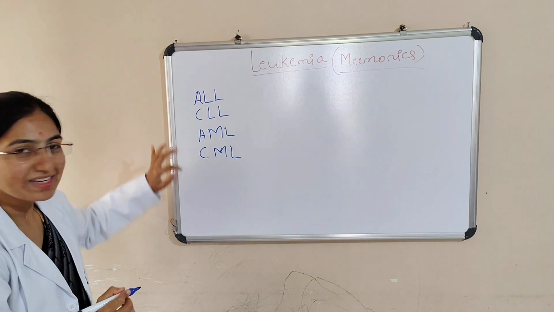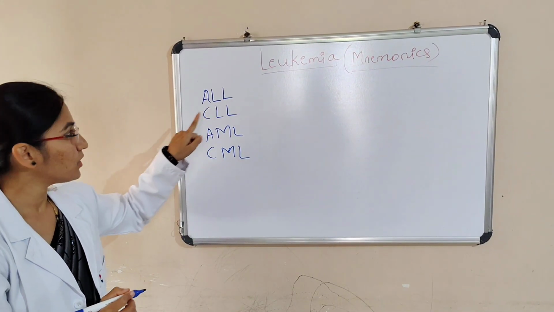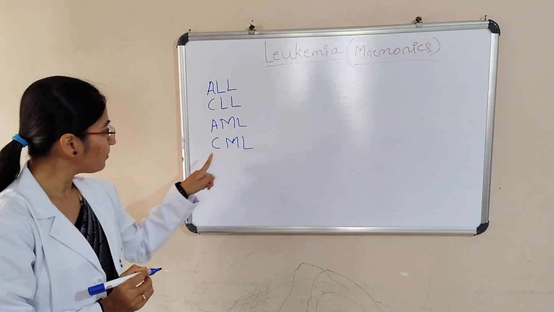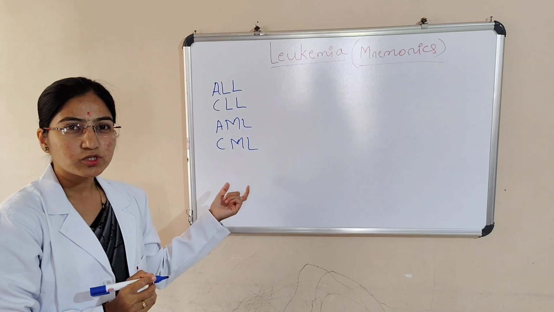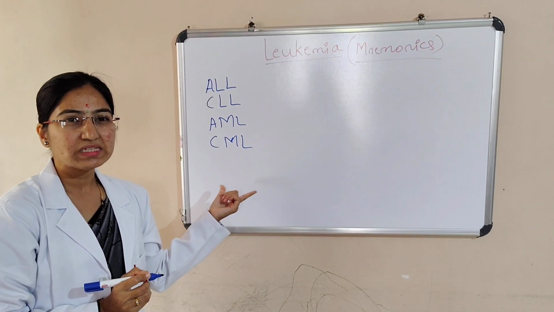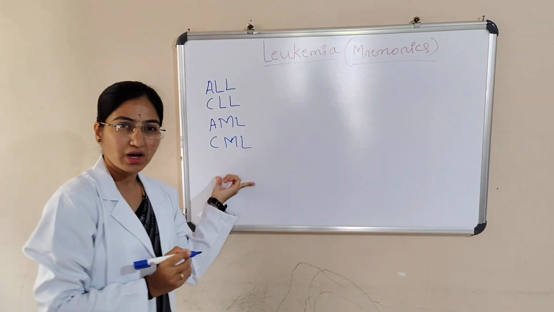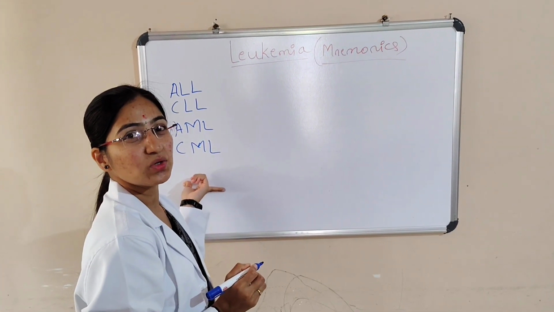Means what? These are the types of leukemia. Acute lymphoid leukemia, chronic lymphoid leukemia, acute myeloid leukemia, chronic myeloid leukemia. These are the types of leukemia. Now we will see the mnemonic. How we can answer easily in the examination by using a trick.